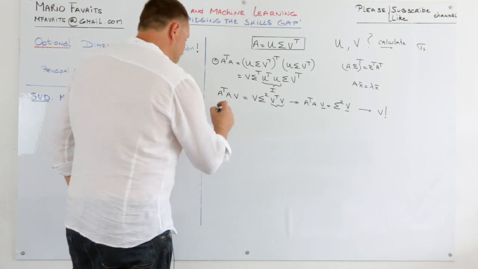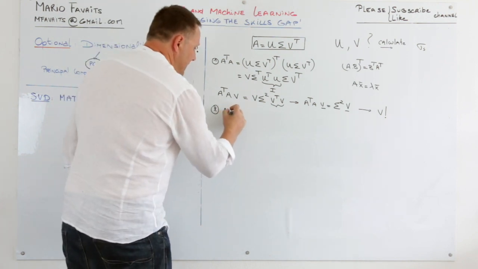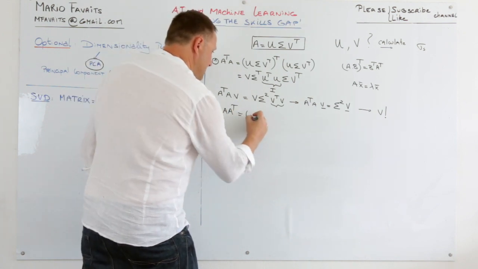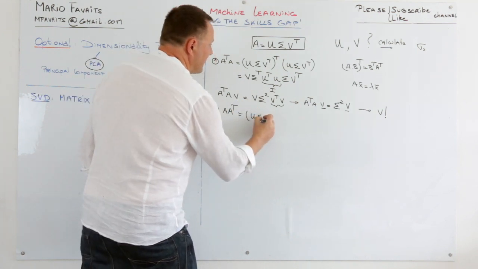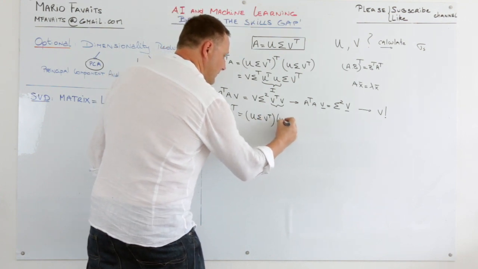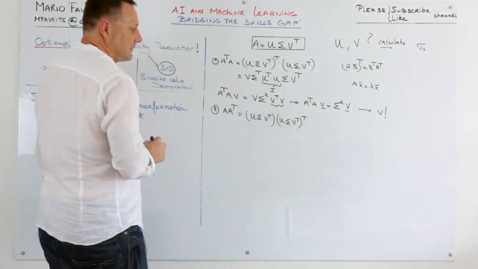Then the next thing we're gonna do is calculate A A transpose. So that means U sigma V transpose times U sigma V transpose, transposed.